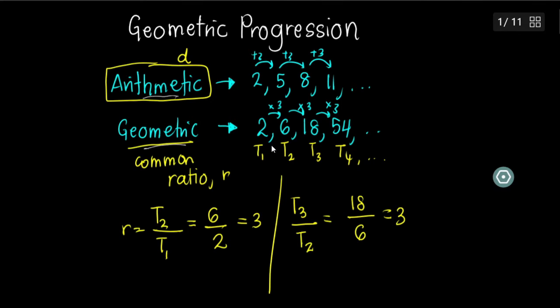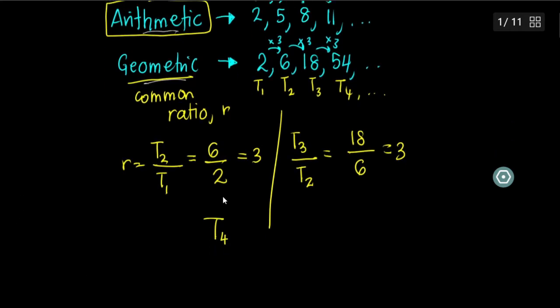So for any term, for example T4, the fourth term, don't divide with the second term. Cannot. You must divide the one in front. So divide by T3, so 54 divide 18. You still get 3. So this is how you find the common ratio.